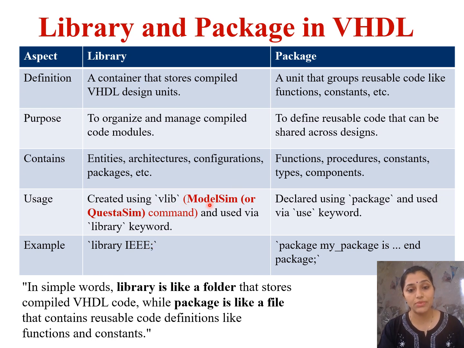So for creation of library we use vlib, and to include that newly created library into our code we use keyword library and name of your newly created library, like library mylib; any name you can assign to library. In case of package, it is declared using package and used via the word use. Use clause is used to include package. Example of library is library IEEE, and example of package is package my package.